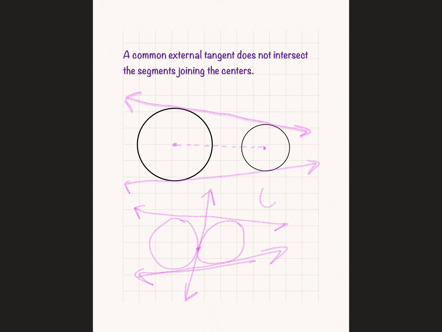Then I could have the situation where the circles overlap, in which case I'll have my external tangents, but I won't have any internal tangents. Then the last circumstance that could happen is where I have two internally tangent circles, and they have one external tangent right like that.